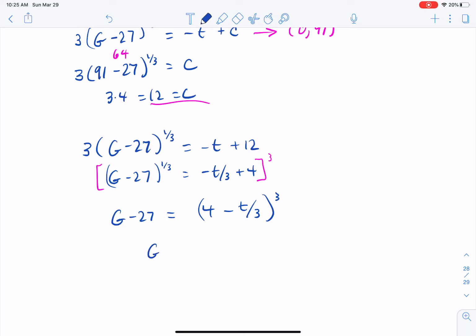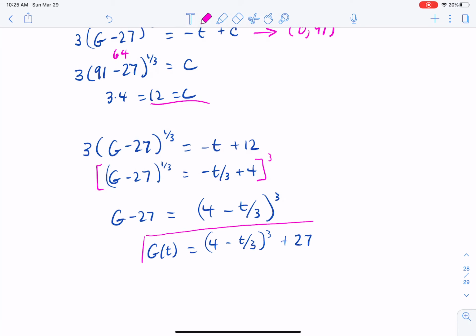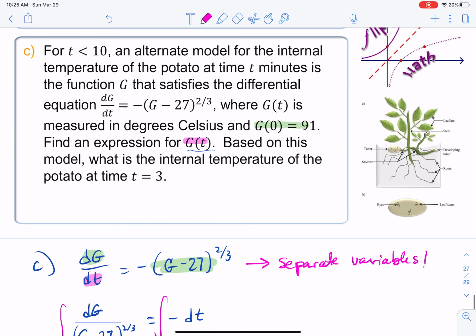So I have g, I'll write it as g of t, is equal to 4 minus t over 3 to the 3rd power, all of that plus 27. There we go. We have successfully isolated g of t. And then I think we're done, right? We're done, except we're not.